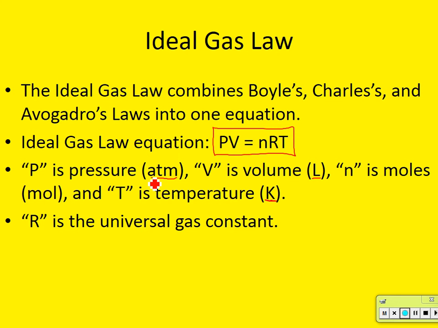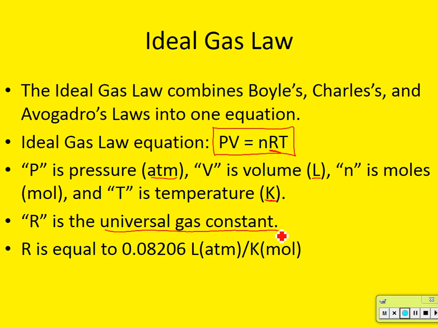So there's that new variable, R. We haven't talked about it yet in this chapter. R is the universal gas constant, and it's a constant, so it equals something. R is equal to 0.08206.